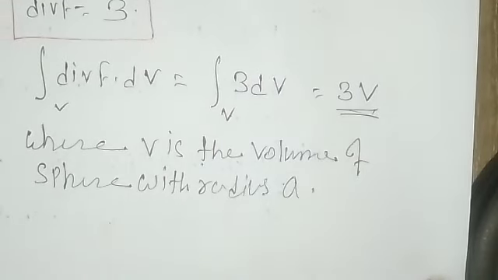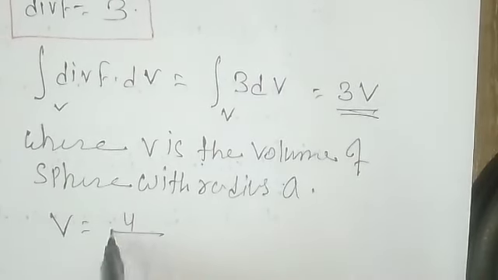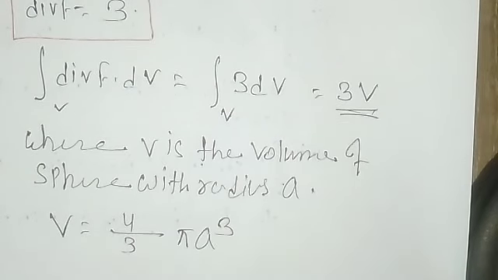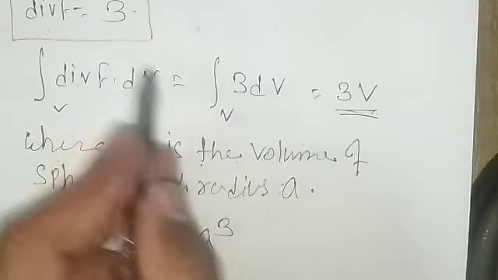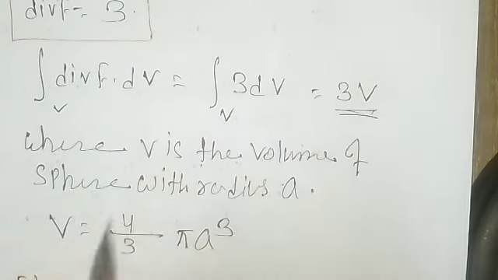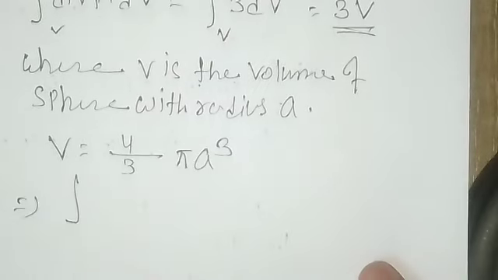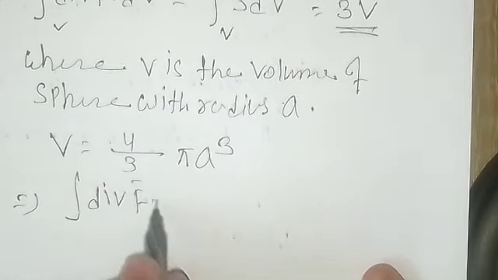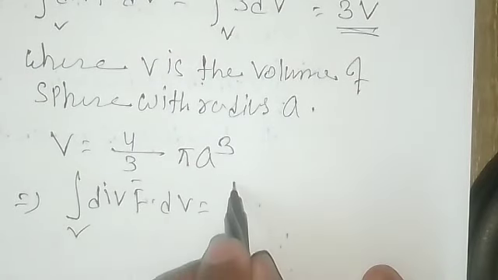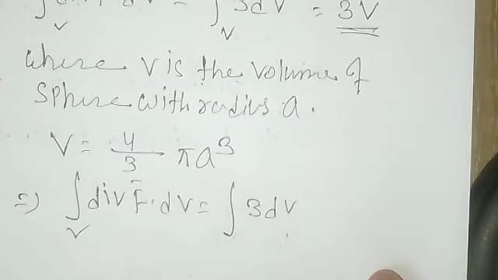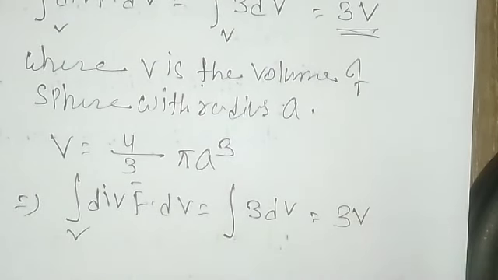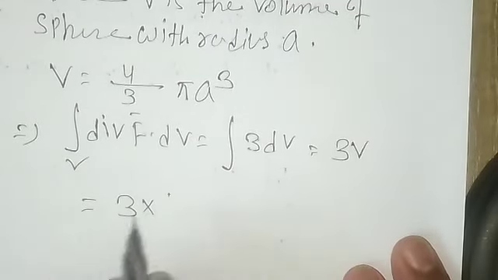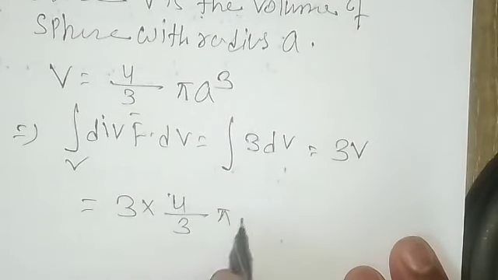What is the volume of the sphere? You know the volume of the sphere is 4 by 3 pi r cube, so with r equal to a it is 4 by 3 pi a cube.